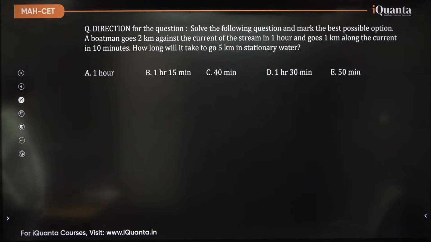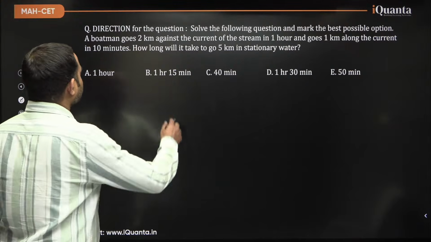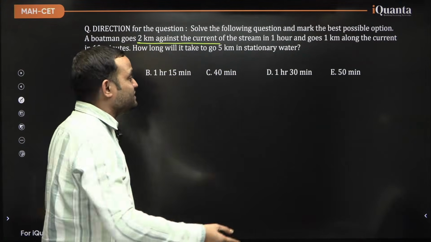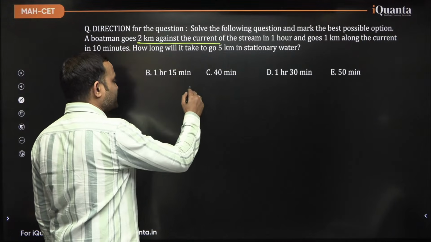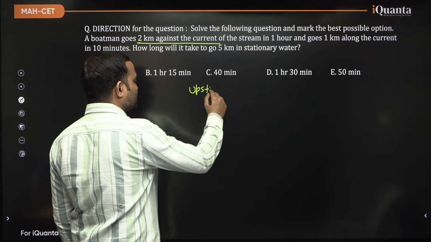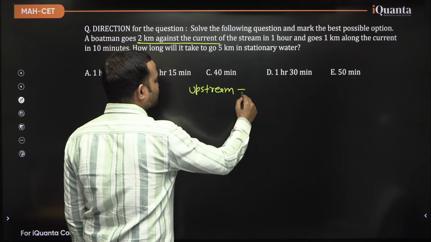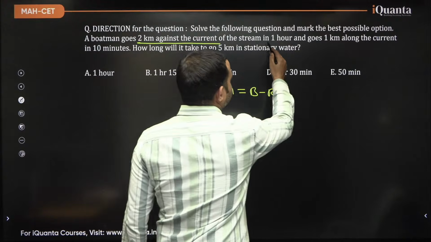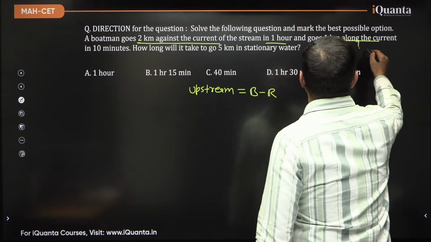Any answer for this question? नहीं बना. A boatman goes 2 kilometers against the current of the stream, that is upstream. Upstream against the current. Upstream speed is boat minus river, and in 1 hour goes 1 kilometer along the stream.